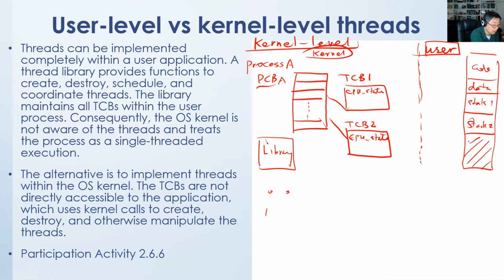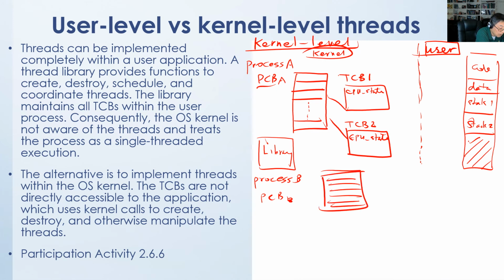Now what happens in this case is, suppose I have a process B and also PCB B. Let me put a small PCB here. So let's suppose I have a process A and a process B.